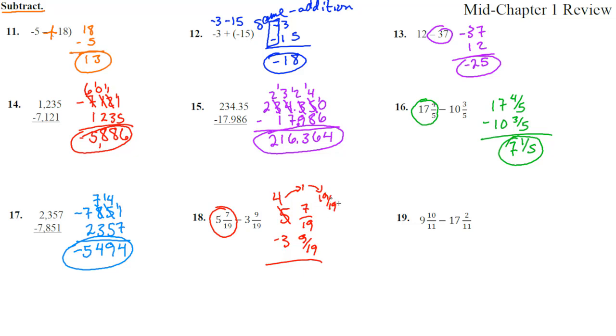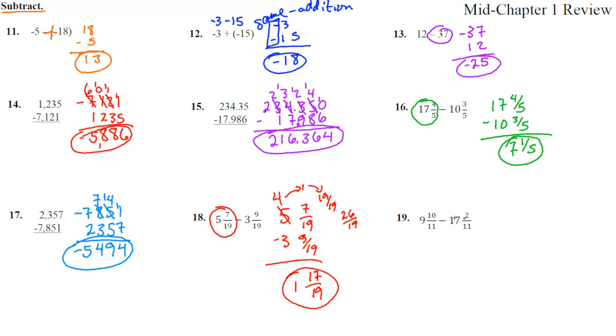So 7 and 19 is 26 nineteenths. That's what it became. So 26 nineteenths minus 9 nineteenths is 17 nineteenths. And then 4 minus 3 is 1. The one on top, the stronger one, was positive, so the answer is positive. Good. And the last one, number 19.